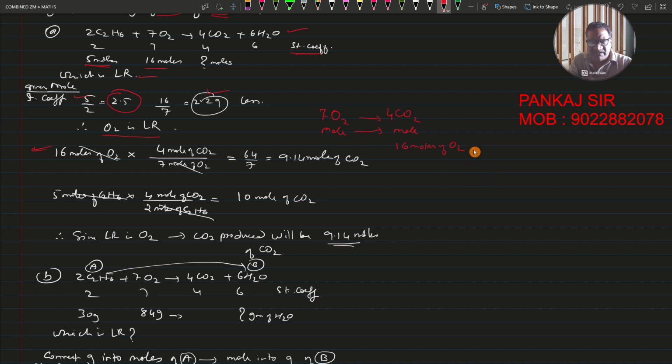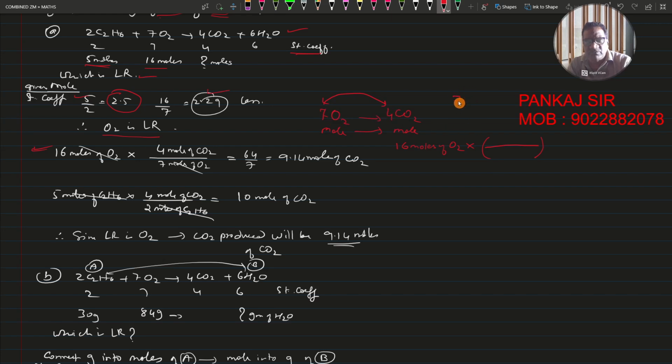In a mole to mole question, there will be only one factor which you have to use, and this factor will be in the form of a ratio, also known as the mole ratio. You will get this mole ratio from the coefficients, 7 and 4, between O2 and CO2.